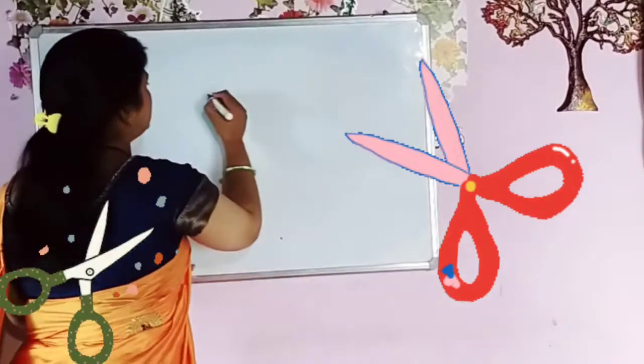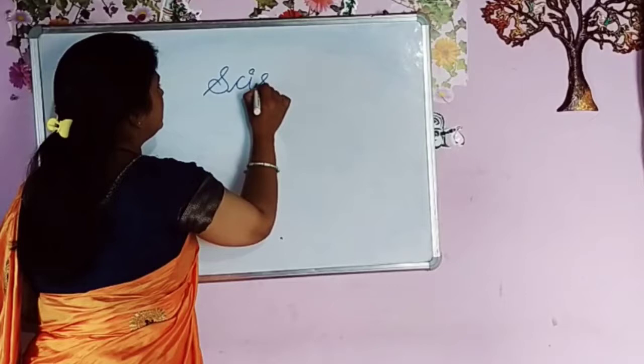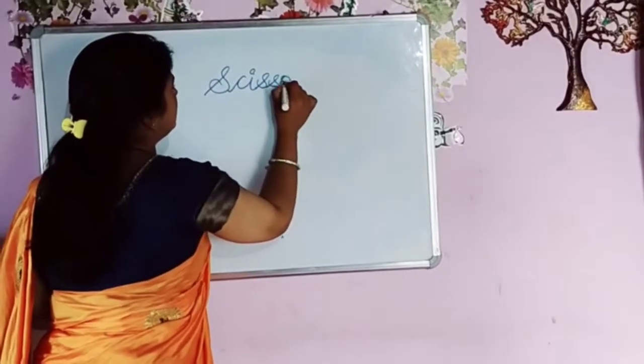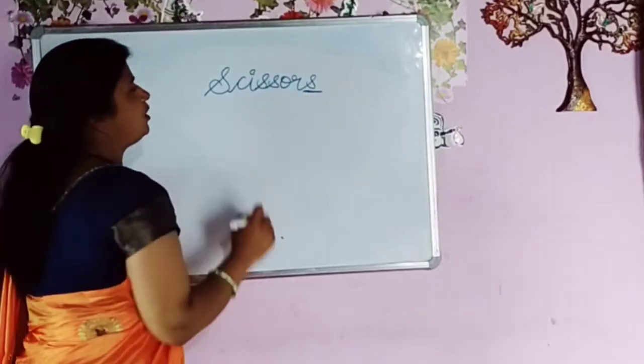For example, my dear students, you all must have listened your teachers saying that, please give me scissors. Please give me scissors. So in this, the spelling of scissors is, so here you are seeing that scissors S word is used.